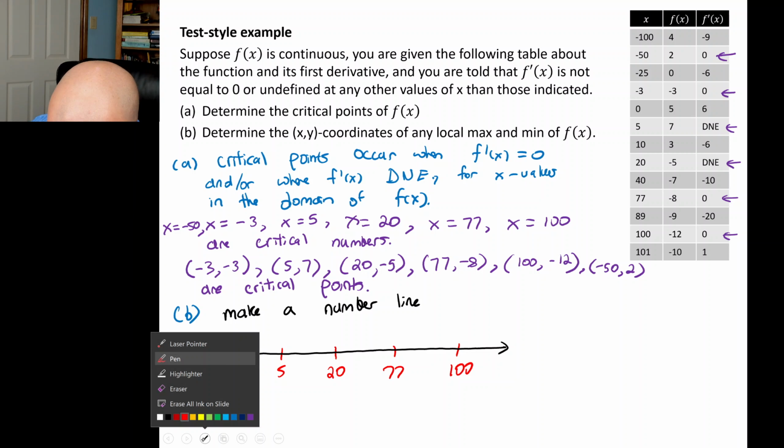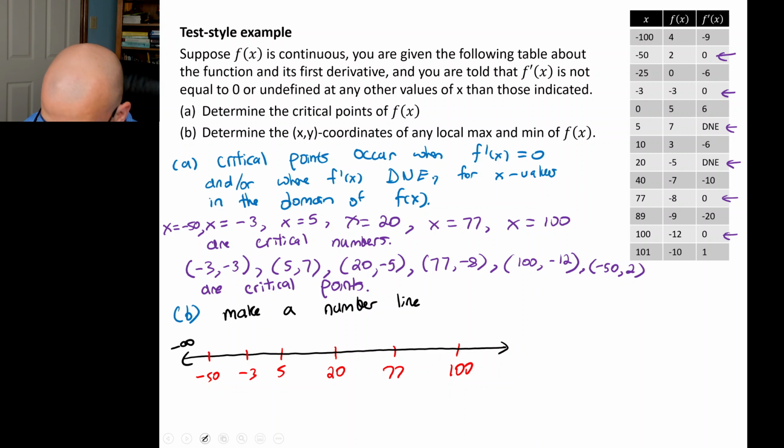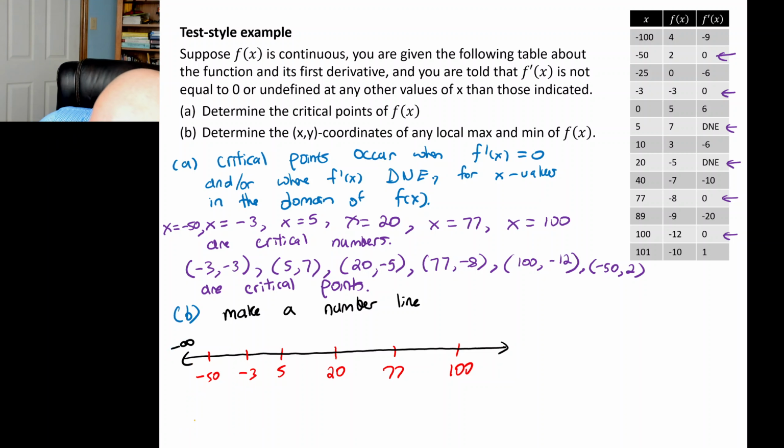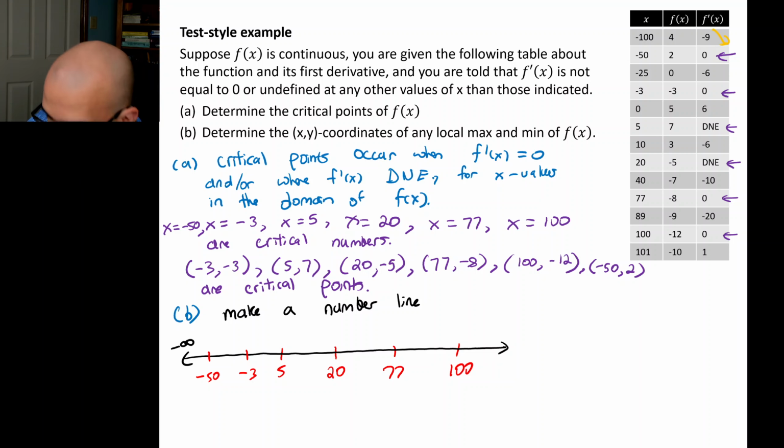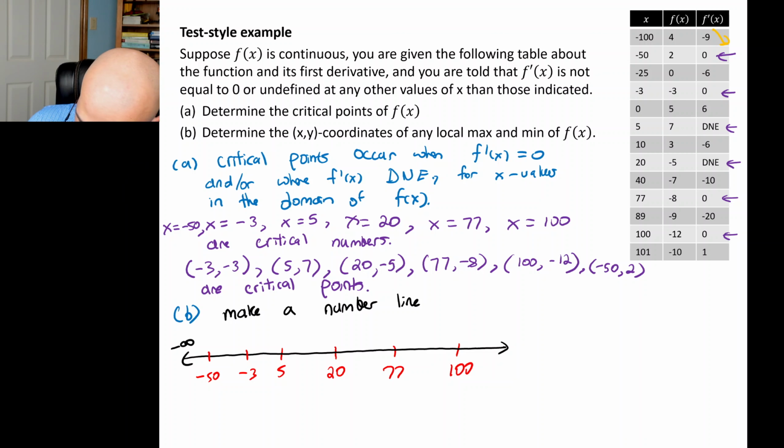Now we have to check if the derivative is positive or negative in each of these regions. I'm going to indicate positive derivatives by increasing arrows and negative derivatives by decreasing arrows. So I see there's a negative derivative. Derivative is -9 up there, so I have a decreasing to the left of -50. And then it's decreasing at the test value of -25, so it's decreasing here.